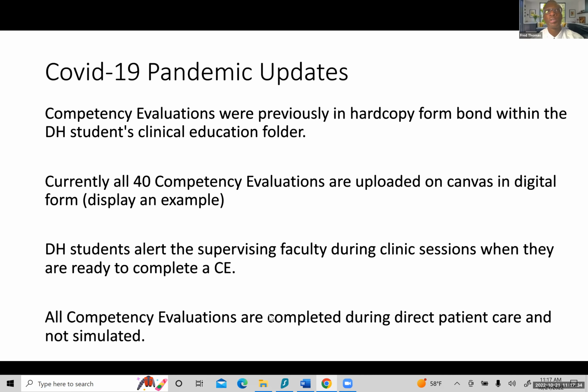I would attribute the success rate to, first of all, it's job specific, and yes, they are working really hard, and it's a lot of repetition before they take that competency evaluation.